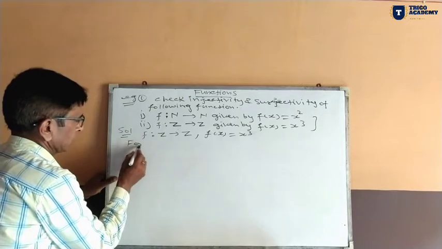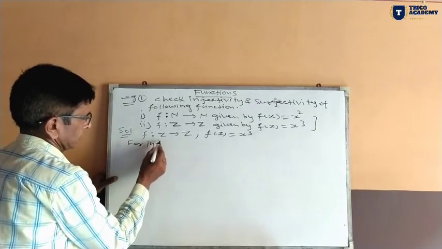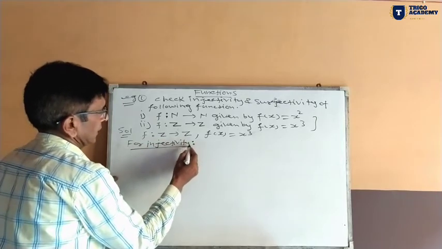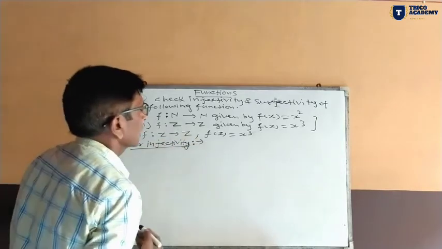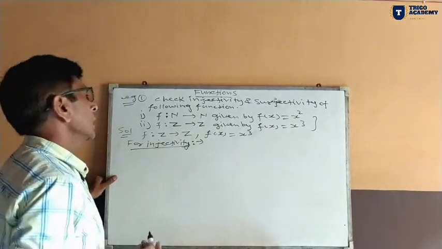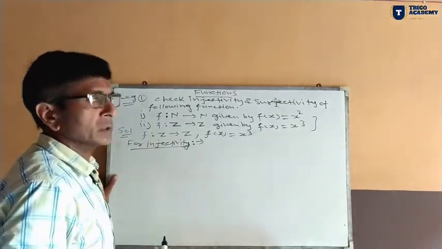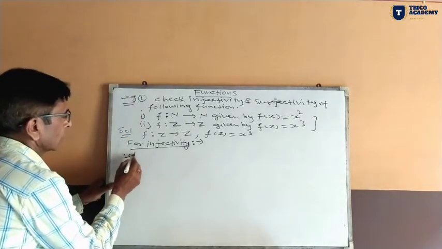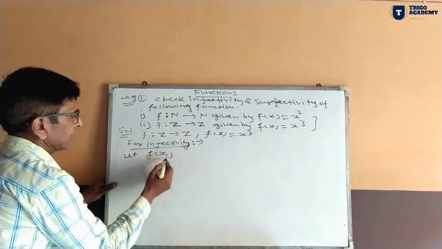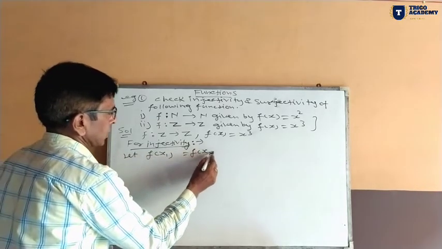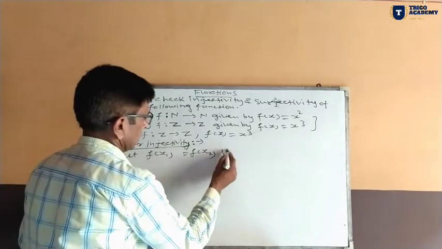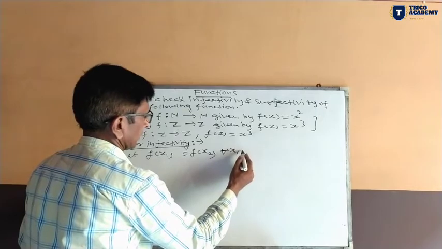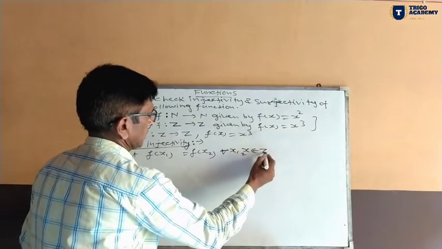So first for injectivity, same way we have to prove that distinct elements have distinct images. So we consider f(x1) and f(x2), images of two elements, are equal for all x1 and x2 belong to Z.